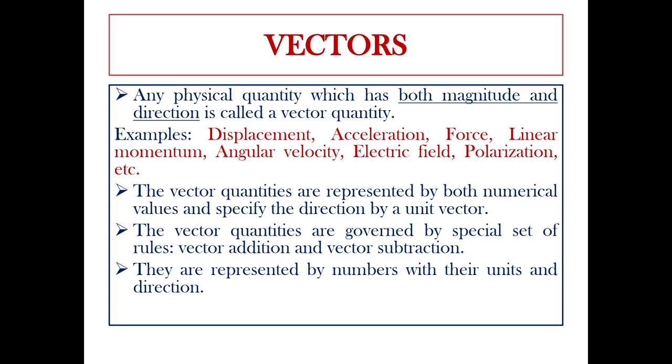And the vector quantities are represented by numbers with their units and direction. For example, if I talk about displacement, I'll be representing it as 5 kilometer north. If I say velocity, I'll be saying 50 meter per second in the east direction.